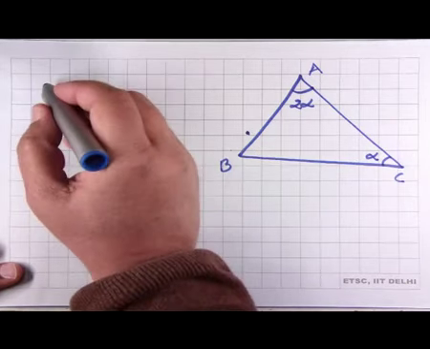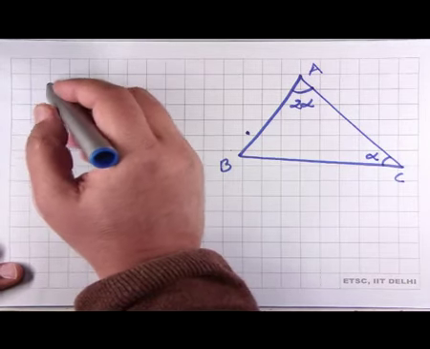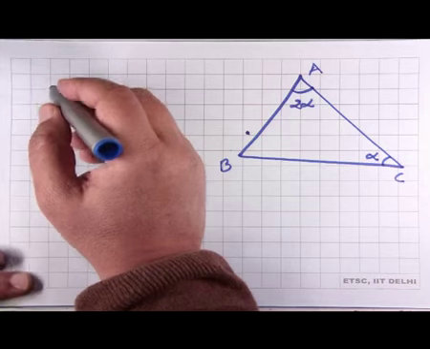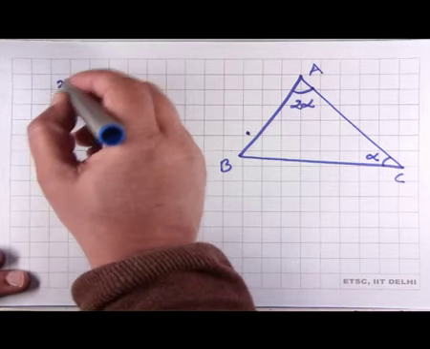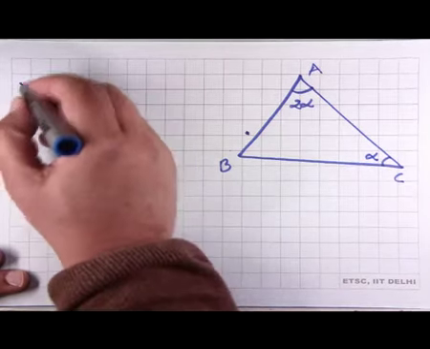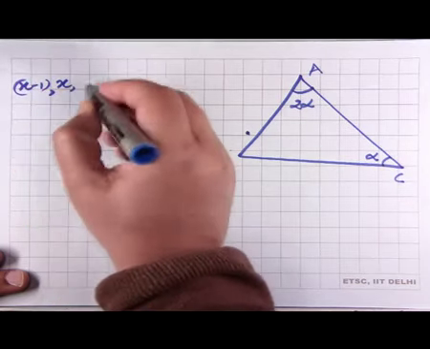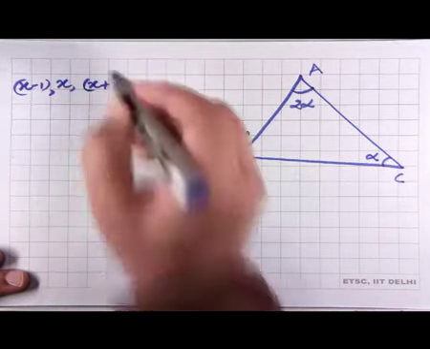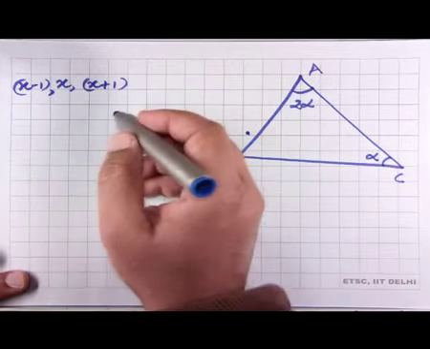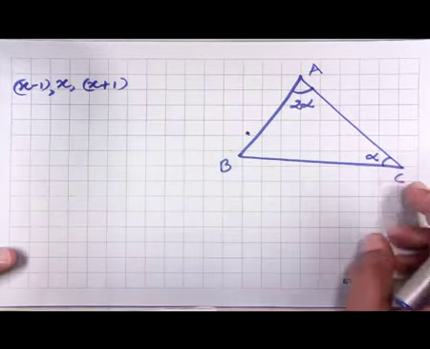The 3 sides are consecutive natural numbers, so let the 3 sides be x minus 1, x and x plus 1. These are the 3 sides of this triangle ABC.